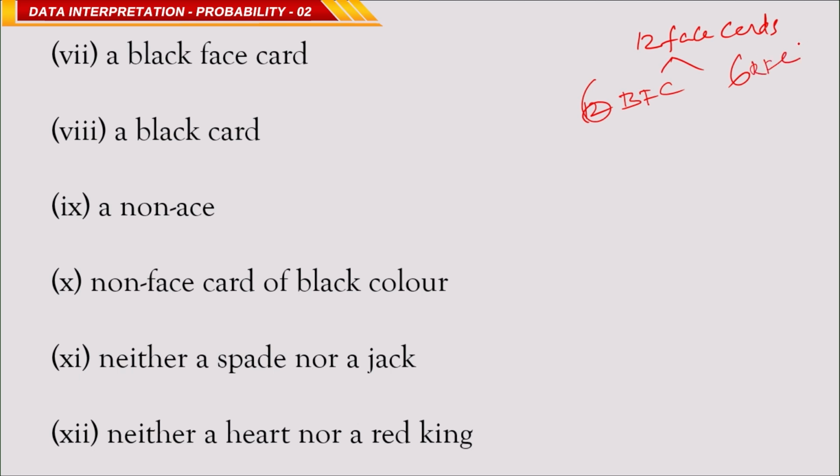Here black face card is required, means favorable outcomes is 6, total outcomes is 52. So, 2 3s, 2 26s, means 3 by 26. Correct? Okay.